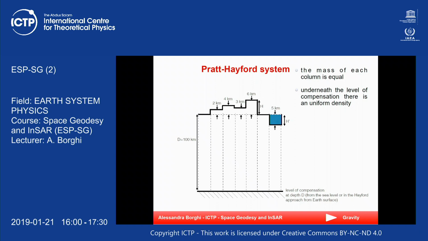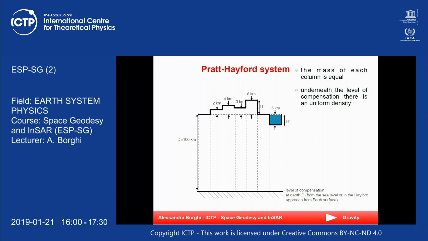So, no, this is 100 kilometers, sorry, I made a mistake. 100 kilometers, and it's okay. He uses the principle of mass conservation.